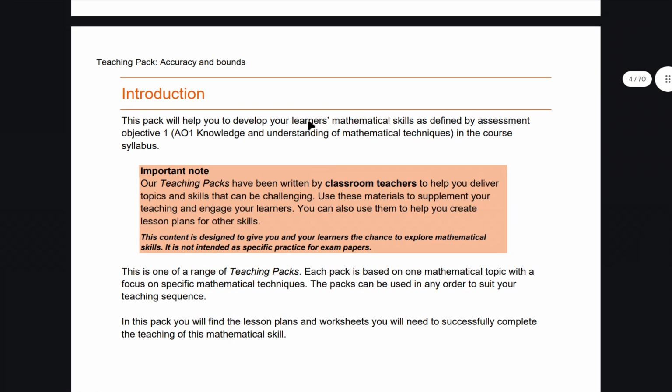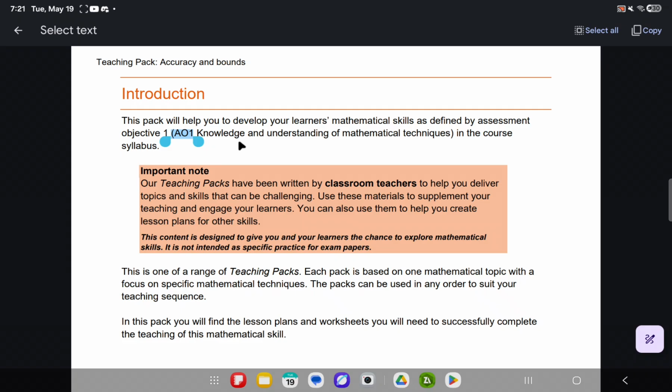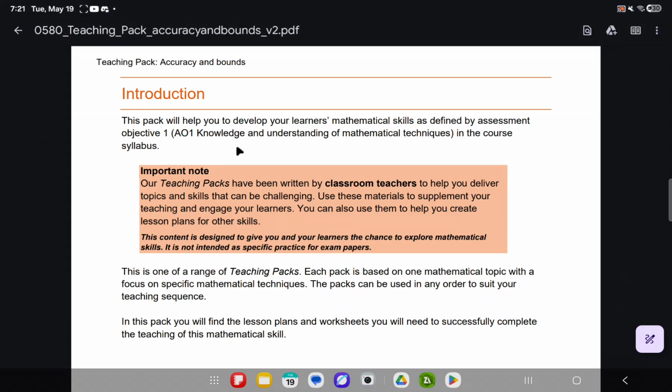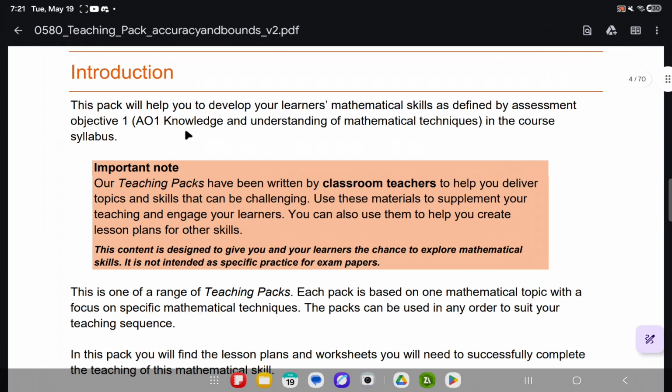This pack will help you develop your learners' mathematical skills as defined by assessment objective 1, AO1, knowledge. To be honest, nobody even knows AO1. I do not even mention AO, like this is about AO1, AO2, etc. It's so stupid.